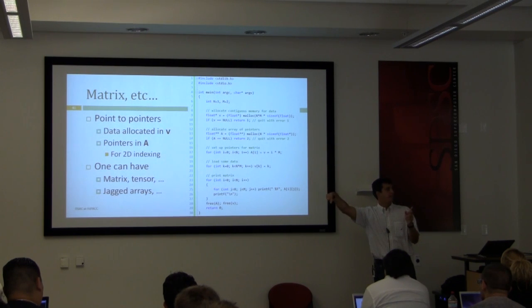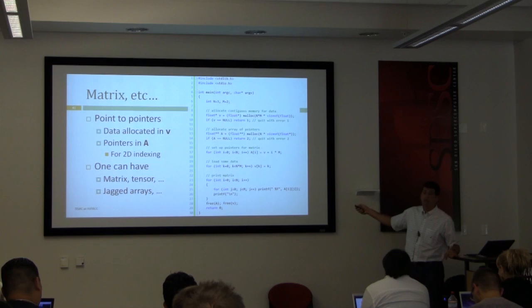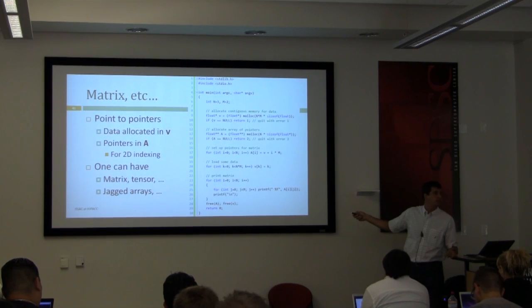You don't have to have this, but it's just a convenience. You'll see why. So you now have a vector of pointers that tells you where each of the rows starts in your matrix. Remember, in memory, it's just a big linear thing. Any questions about this?